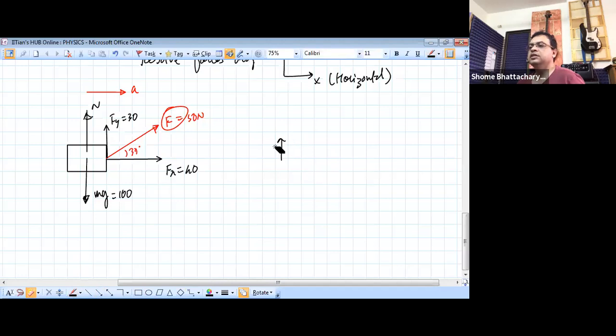Because we have taken horizontal and vertical as the x and y axes, we have resolved the forces along the x and y axes. What we discussed over here, that net force is equal to mass into acceleration, we will divide into components.